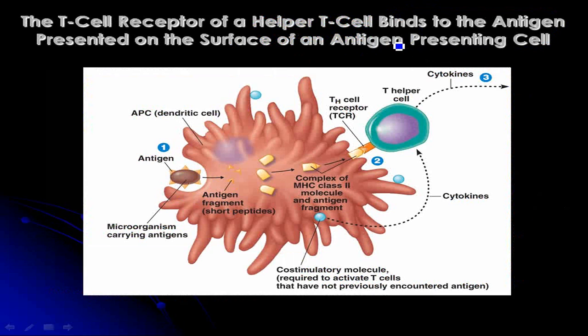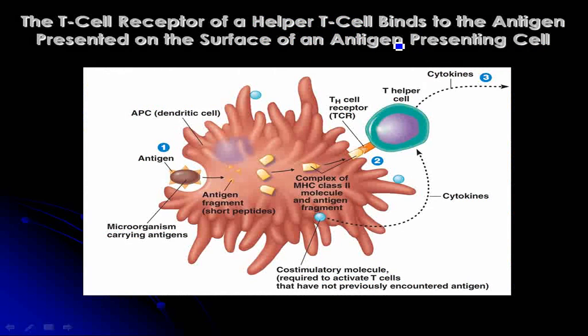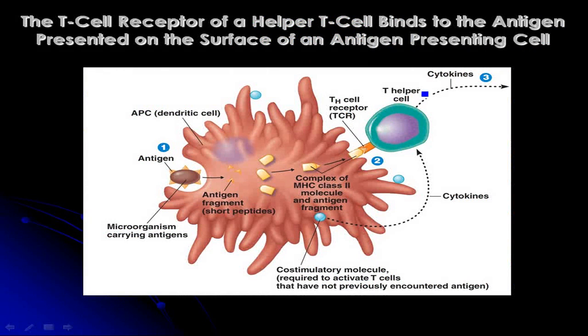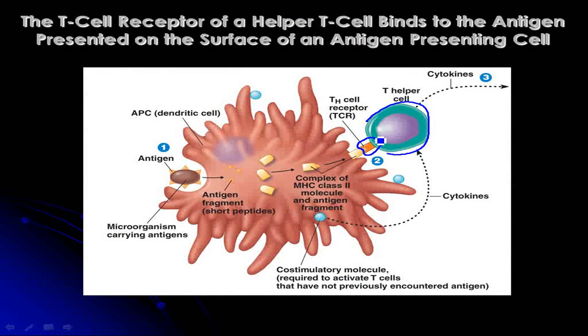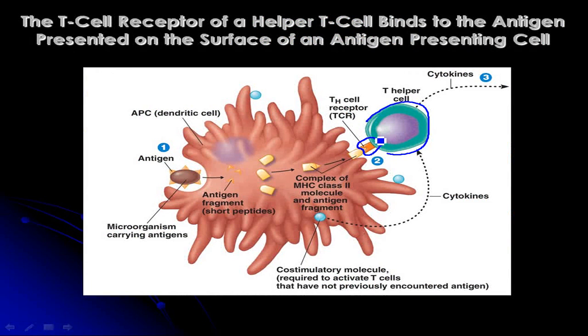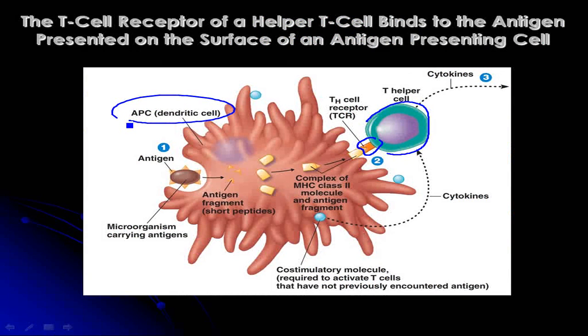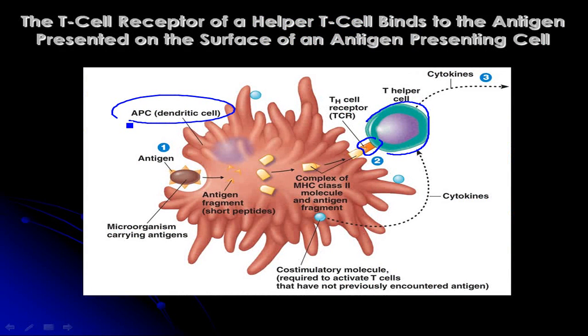Okay, and then here's a diagram showing you a helper T cell right here. And again, its surface is going to be coated in T cell receptors that bind to particular epitopes. And this is supposed to be an antigen presenting cell. This one is supposed to be a dendritic cell, but macrophages can do this as well.